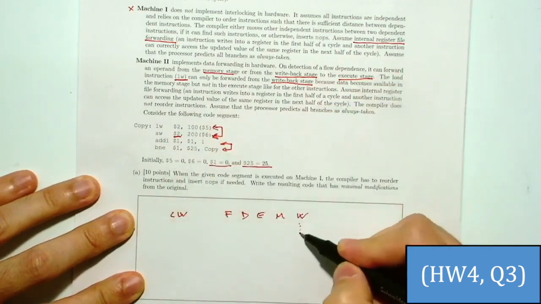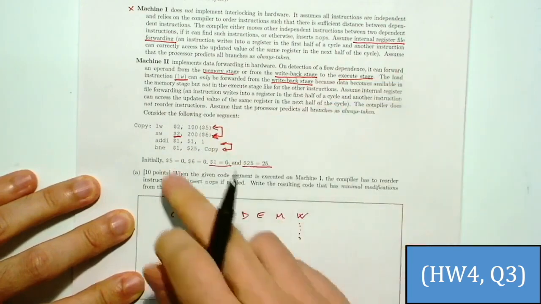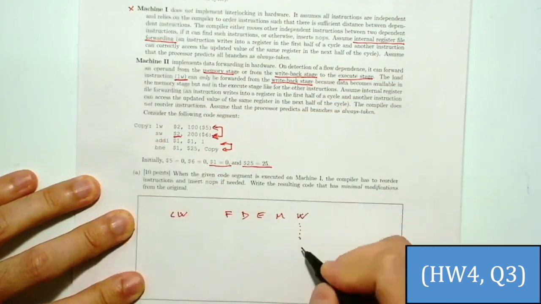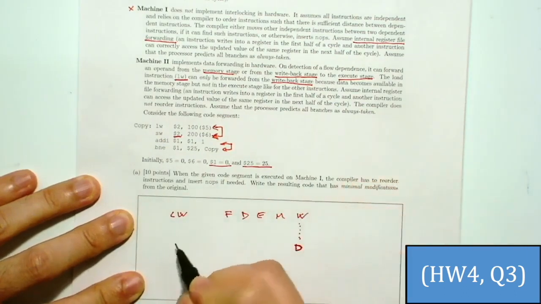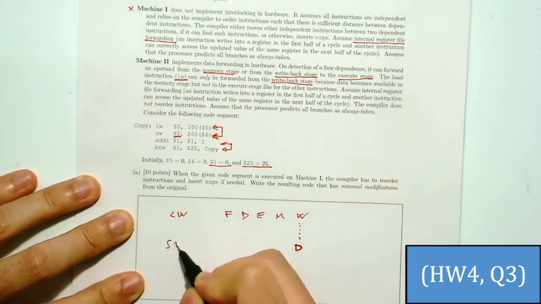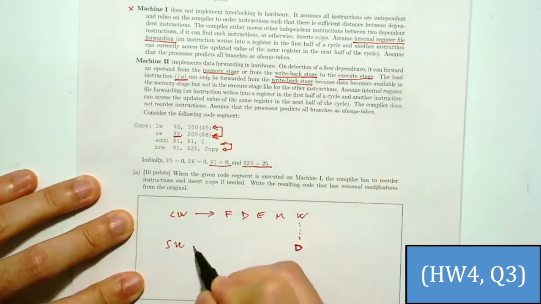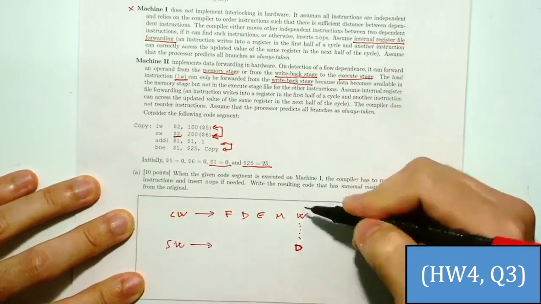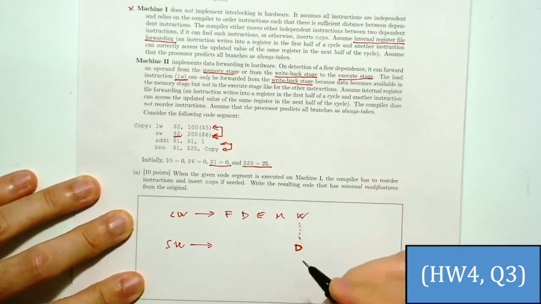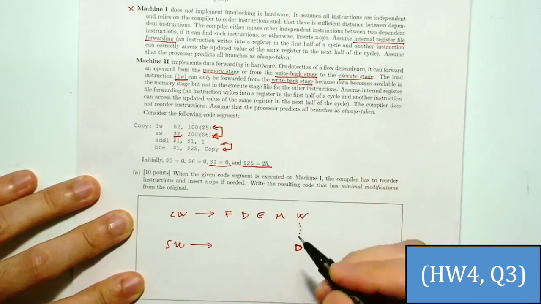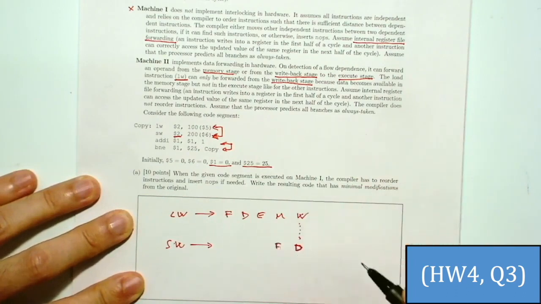At this point in the write back, we can read from the store, and we read registers in the decode stage. So we can do this. This is the load instruction. This is the store instruction. So the best we can do is have the store here. So this is decode. This should be fetch.